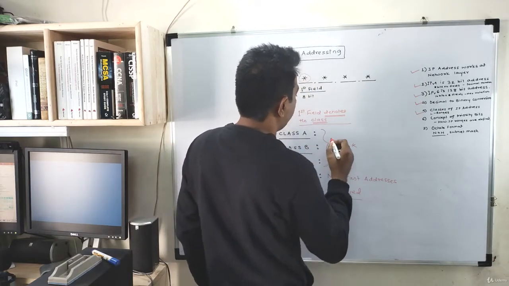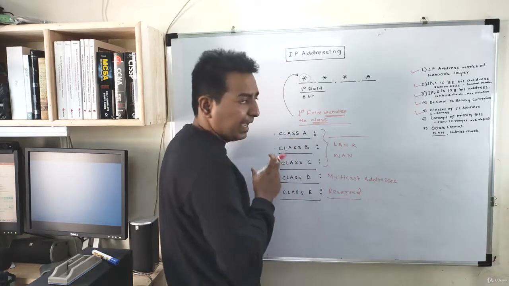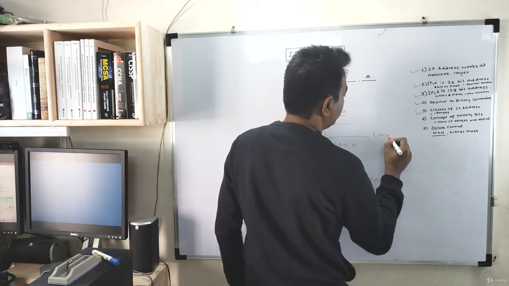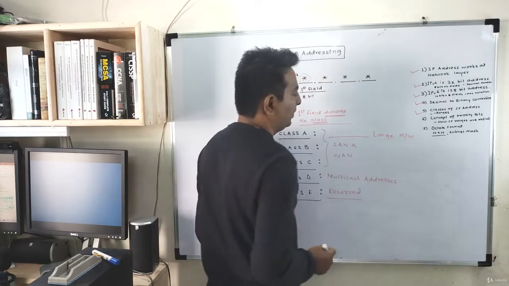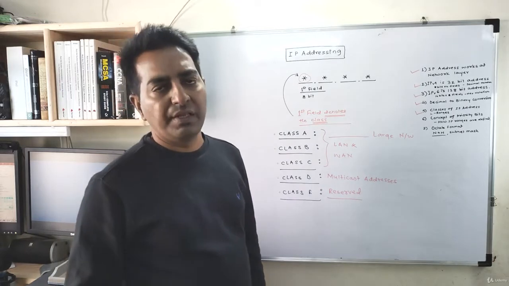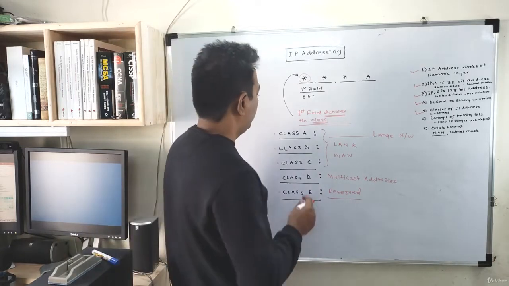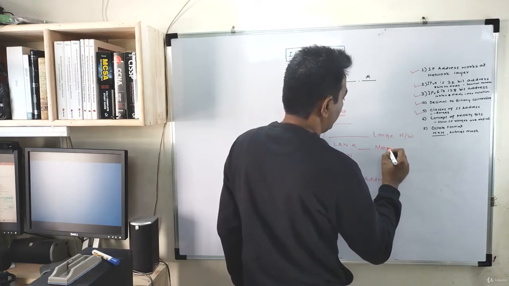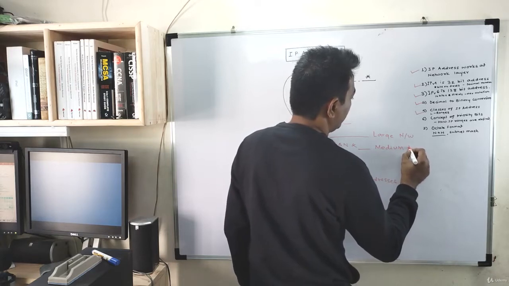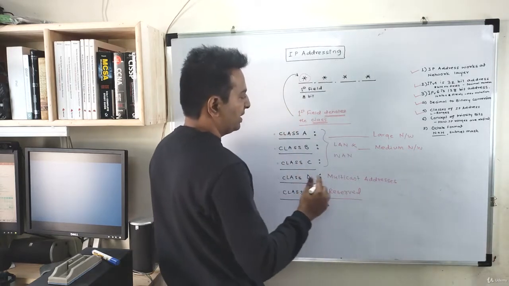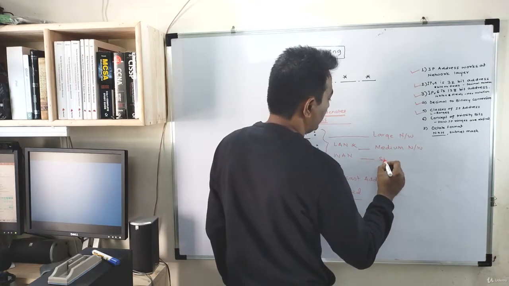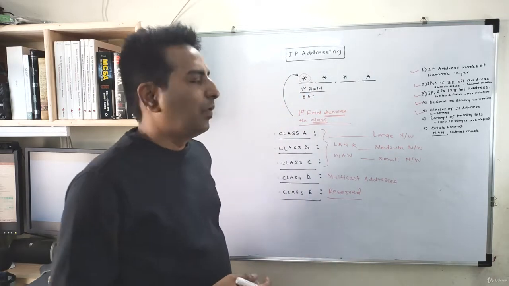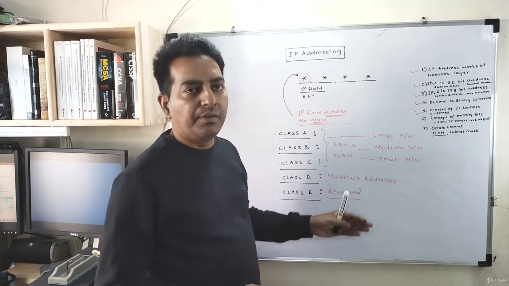To be more precise, class A addresses are used by large networks, generally by global ISPs. Class B addresses are used in medium-sized networks, and class C addresses are used in small networks.